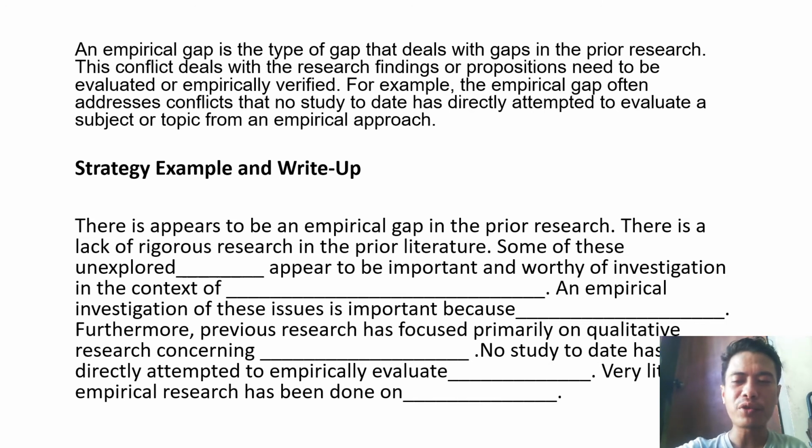When it comes to proposition, you can use this proposition, for instance, graduate students are more productive than undergrad students. You can use that proposition in order to create a research gap.